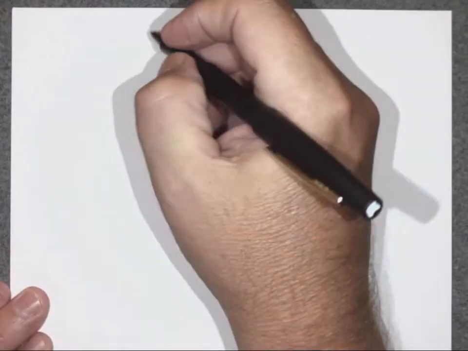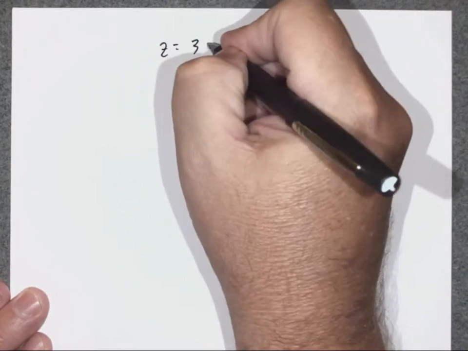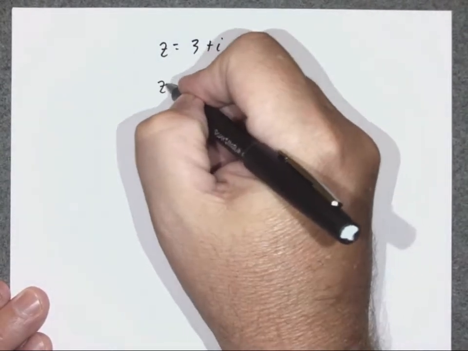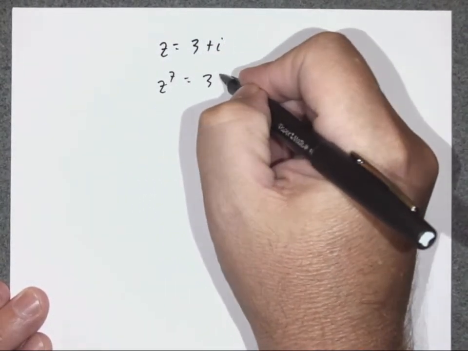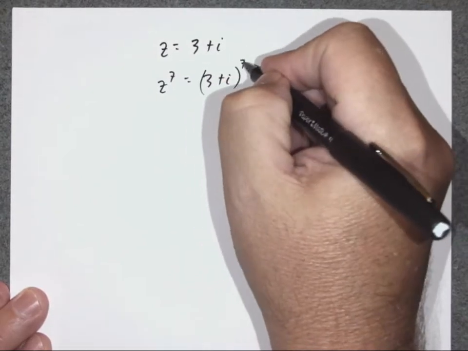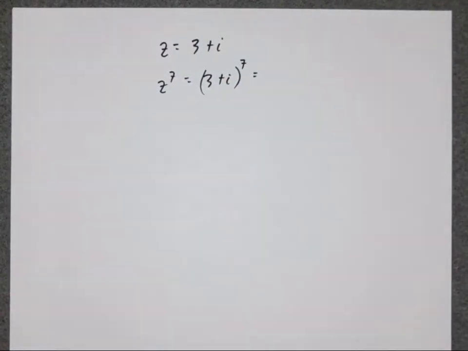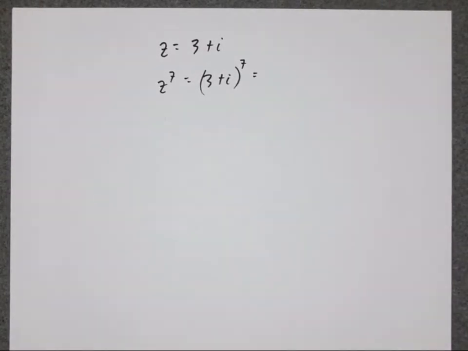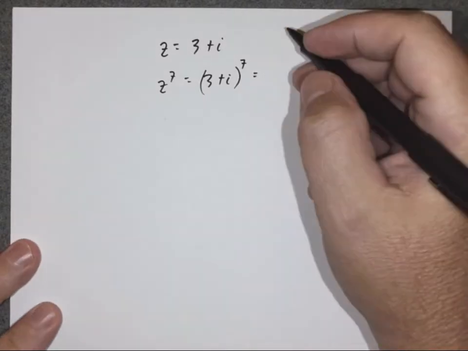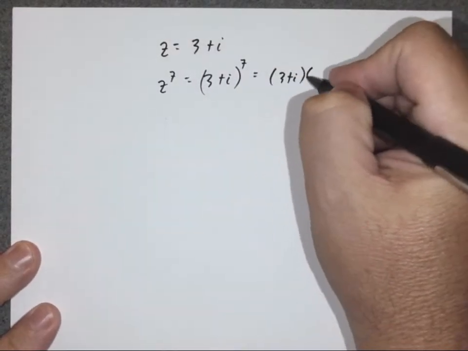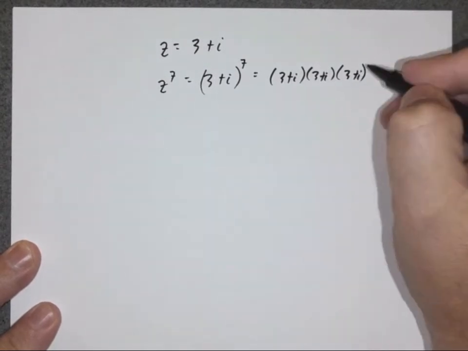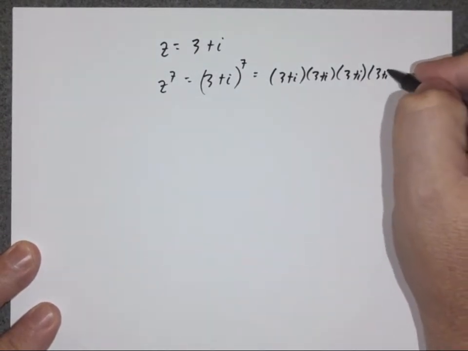So here's my complex number, and what I want is z to the 7th. Now just to make it very clear, if I try to just leave this complex number in rectangular coordinates, it's going to take me a minute, but I want to make it very clear to you.